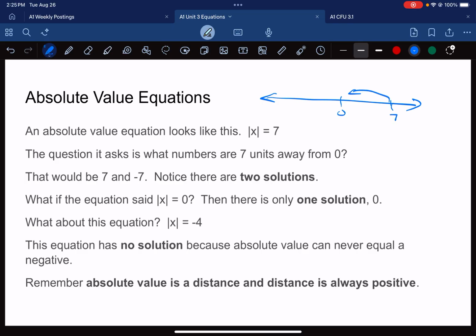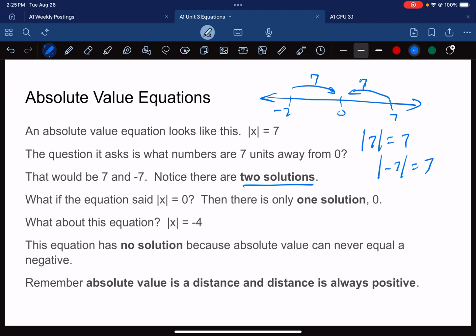If you count this direction, you're going to count 7 steps. That's a distance of 7. And then if you have a negative 7 and you count this distance, it's also 7. So we would say the absolute value of 7 is 7, and the absolute value of negative 7 is also 7. Okay? So we have two solutions.